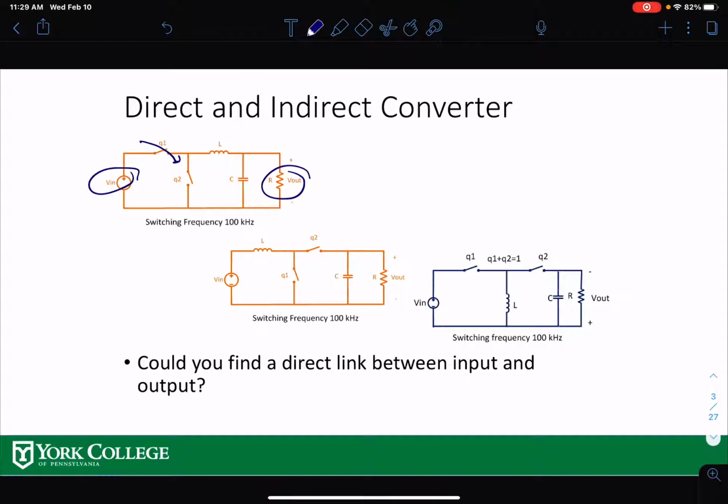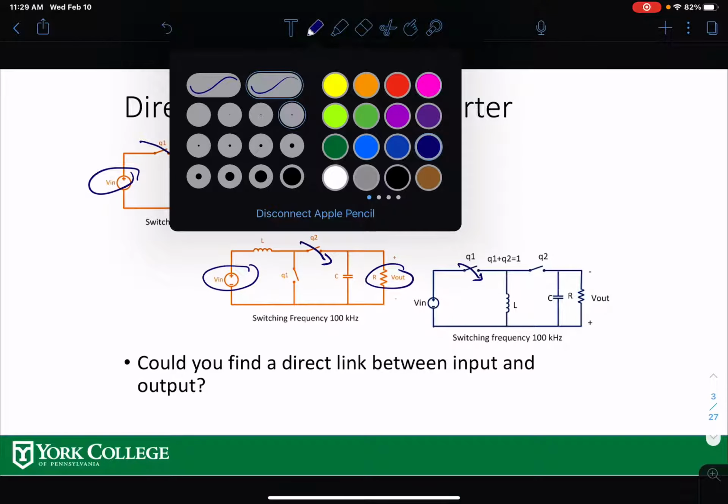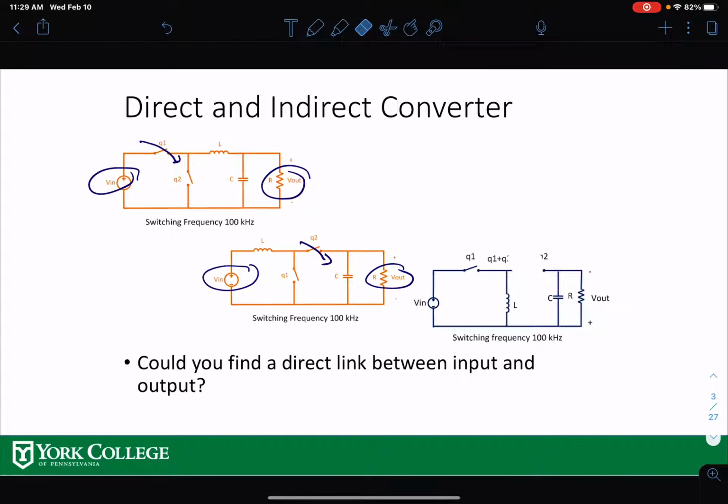And if you do this for the boost converter here, if you connect this one, your input and output are directly connected. But if you look at this one here, if you connect this one, input doesn't connect to output. And also, if you take this one off and connect the other switch, that also doesn't connect input to output. So if input and output can be connected through a switch, this is called a direct converter.